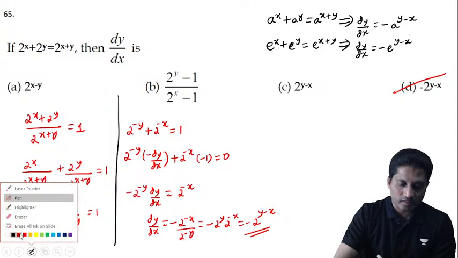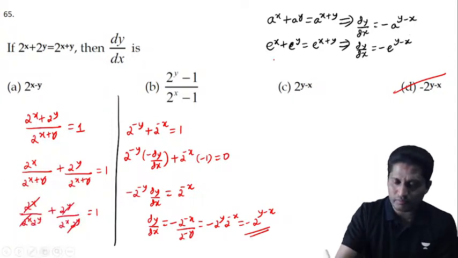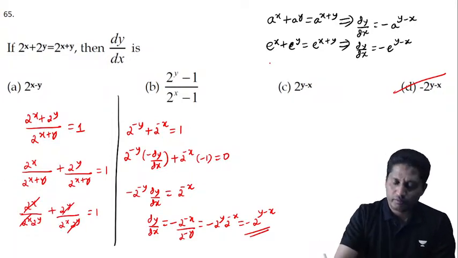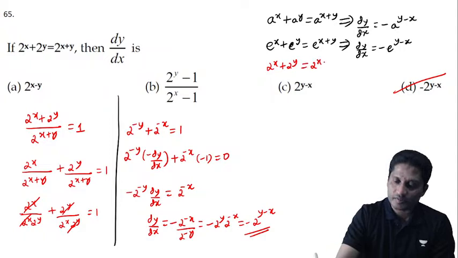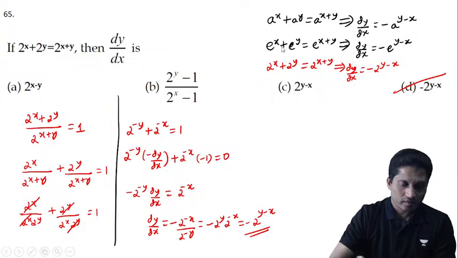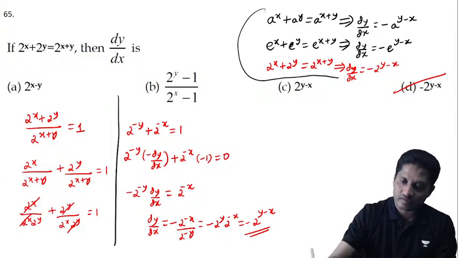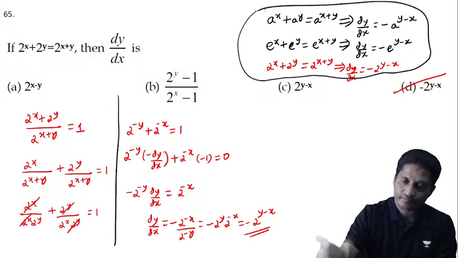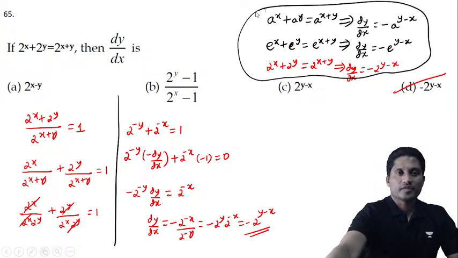Now same logic. Just now we proved 2 power x plus 2 power y is 2 to the power of x plus y, then dy by dx is always minus 2 to the power of y minus x. So use this result, you will get the answer. Let's move to the next question.